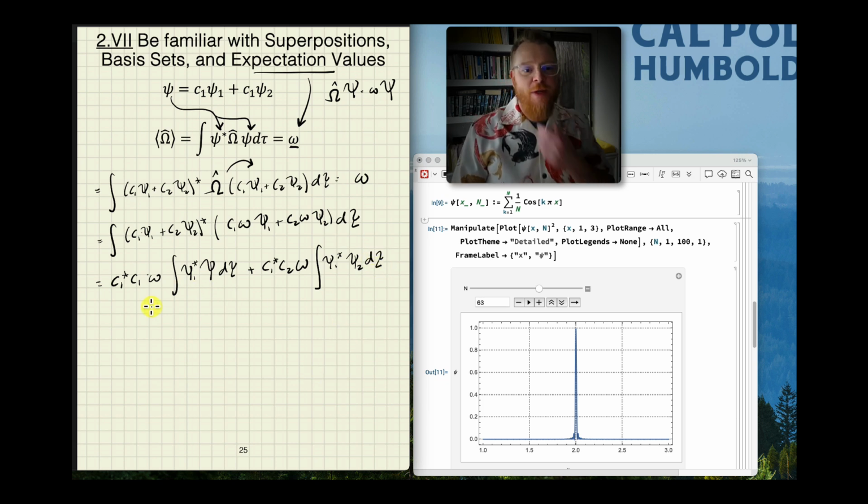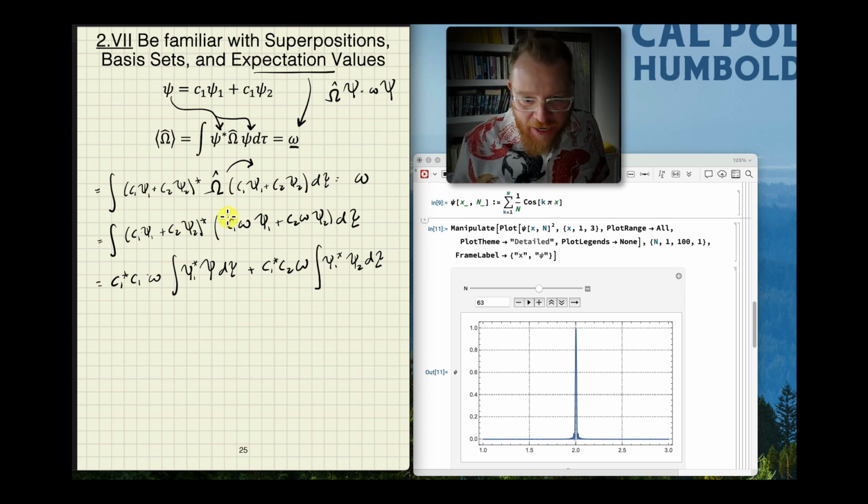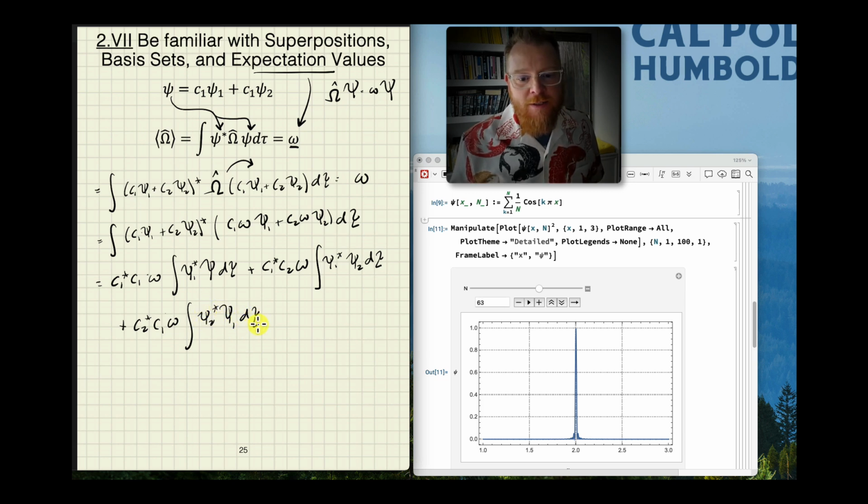Beautiful, so that was my outside. Now I need to do my inside, which is these two terms, plus C2 star times C1, just regular C1, times little omega, and now the integral of psi 2 star times psi 1 d tau.